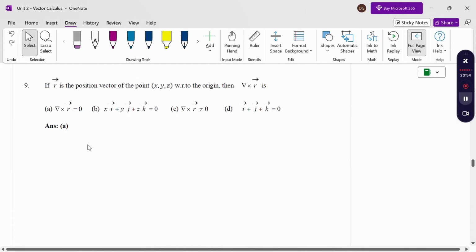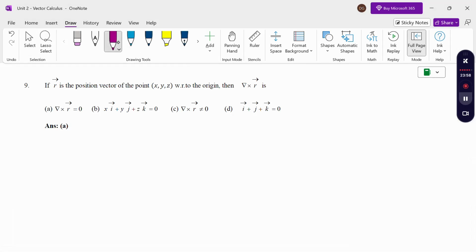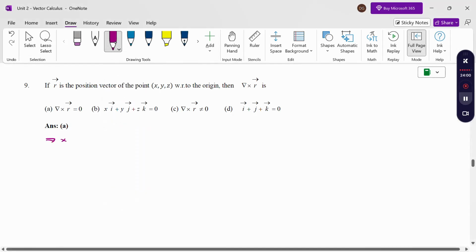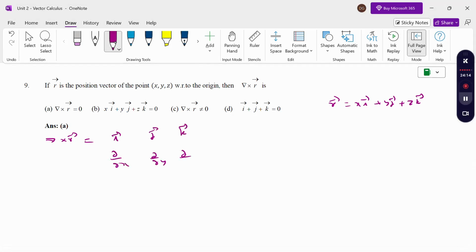And then next, del cross r vector. Now r vector is x i vector, y j vector, z k vector. Therefore I vector, j vector, k vector, dou by dou x, dou by dou y, dou by dou z, and x, y, z.